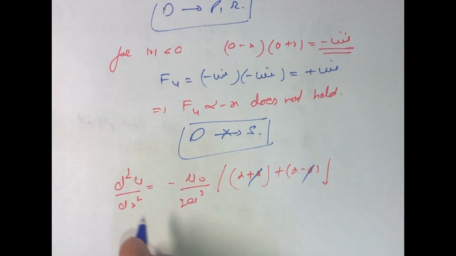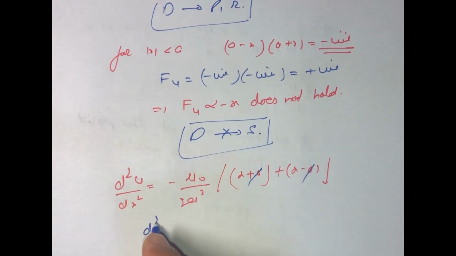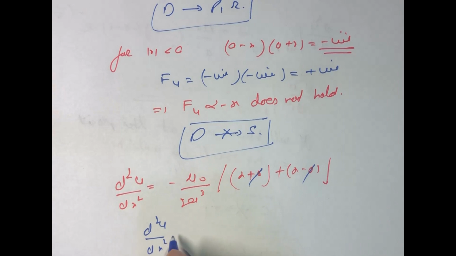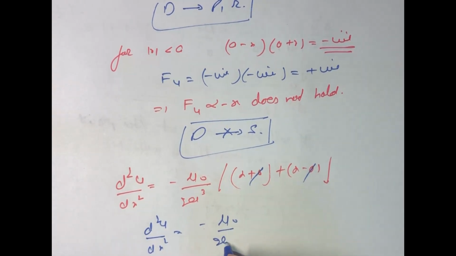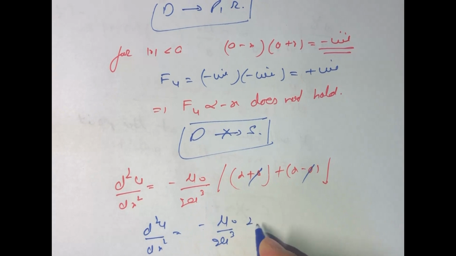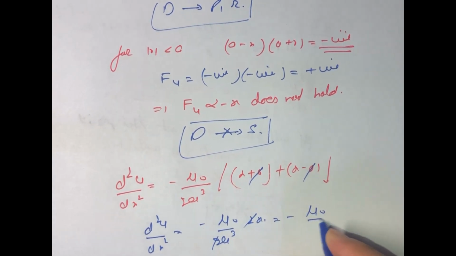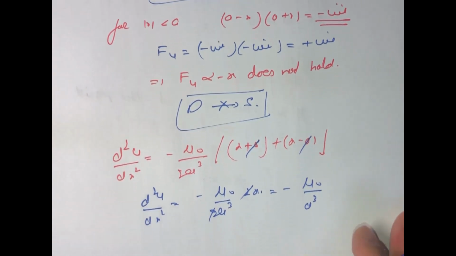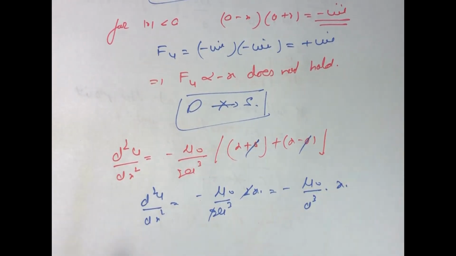A cancel out. We get this as d square u by dx square is equal to minus u0 upon 2a cube multiplied by 2x. 2 and 2 cancel out, so this will be minus u0 upon a cube multiplied by x.